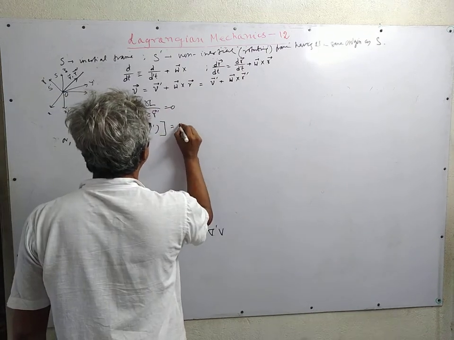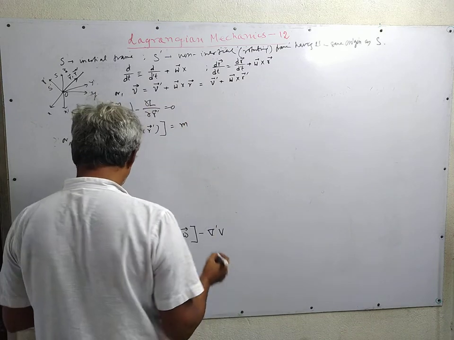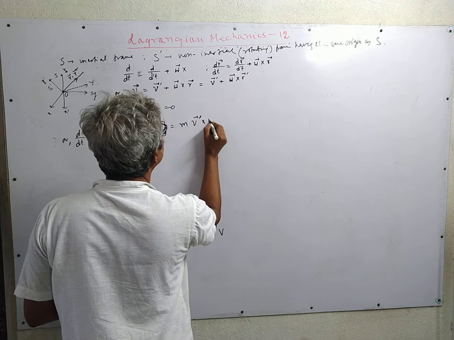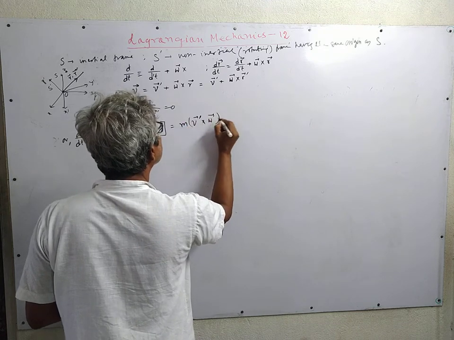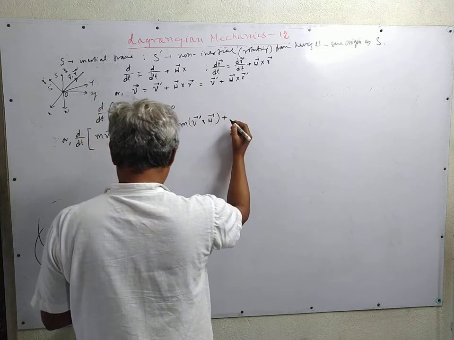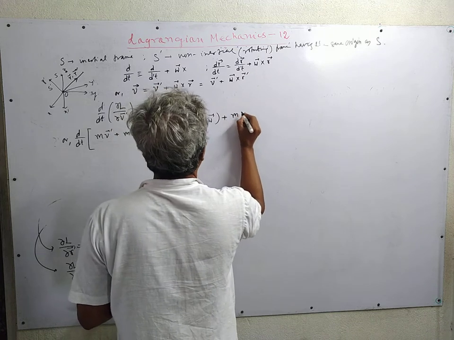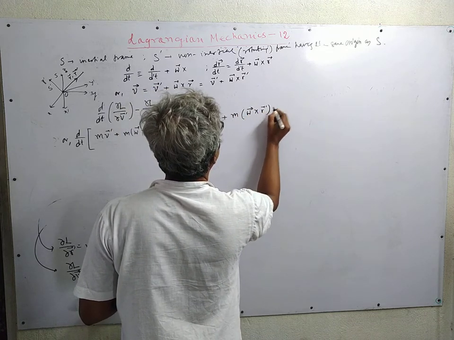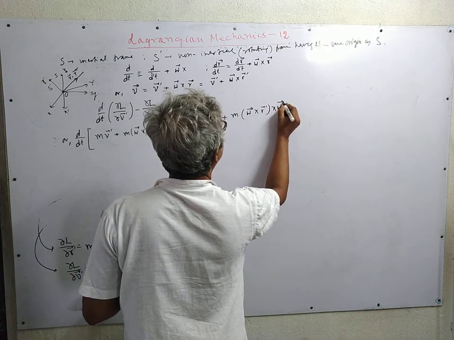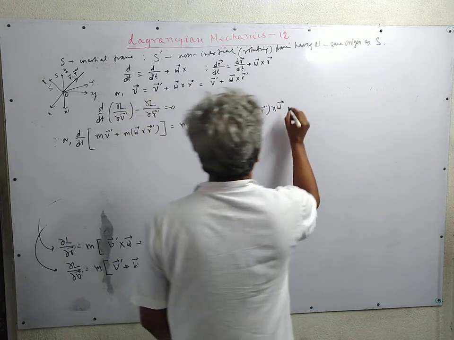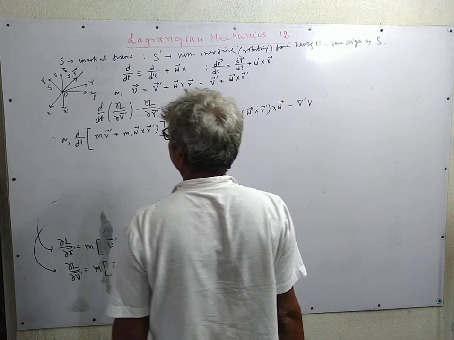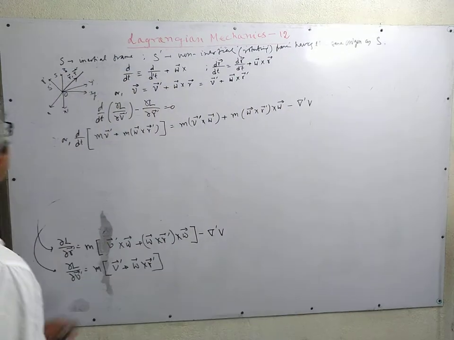So this is equal to m v' cross ω plus m ω cross r' cross ω minus gradient of V'. Here we have two terms.